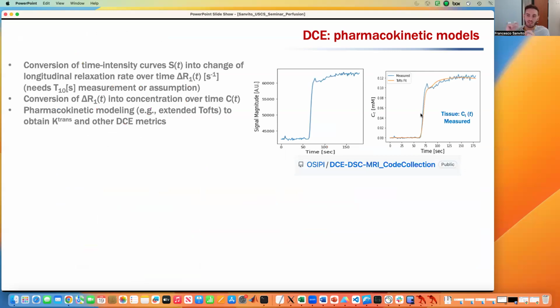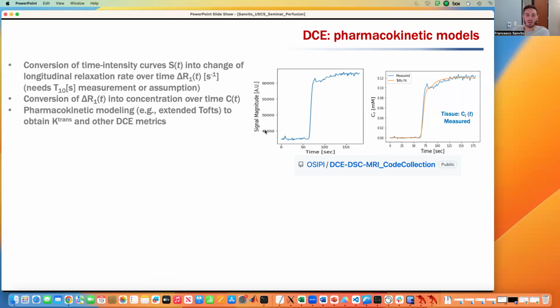But the further step, which is mostly used for DCE, is the pharmacokinetic modeling. What does that mean? So first of all, the signal over time curve that we saw can be converted first into a delta R1 over time curve, which is quantitative imaging. It means the longitudinal relaxation rate over time, actually the change in the longitudinal relaxation rate over time.